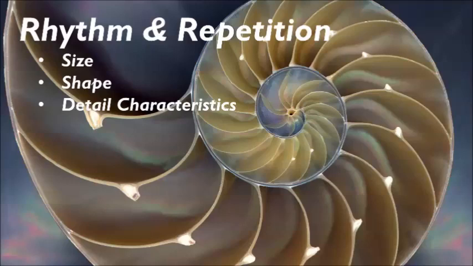They're all getting larger as they radiate out from that central point of the shell. But their features and details and curvature are similar, and their spacings, even though they start to get bigger, create this rhythm where it's almost a predictable spacing and rhythm.